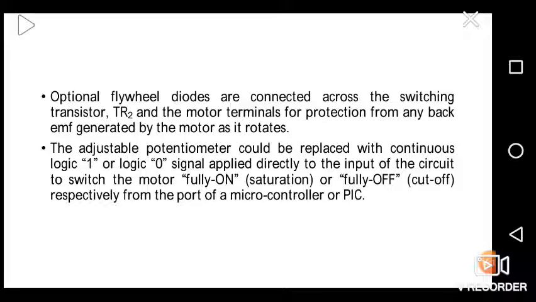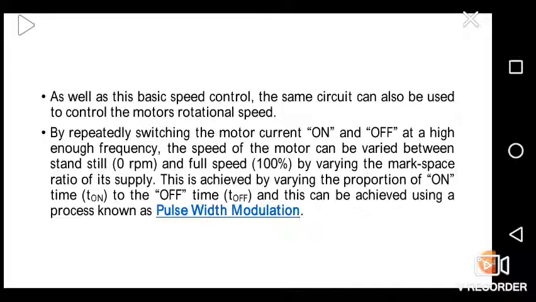Optional flywheel diodes are connected across switching transistor TR2 and the motor terminals for protection from any back EMF generated by the motor as it rotates. The adjustable potentiometer could be replaced with a continuous logic 1 and logic 0 signal applied directly to the input of the circuit to switch the motor fully on or fully off, respectively, from the port of the microcontroller or PIC.